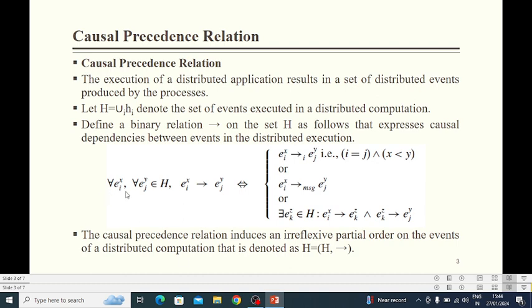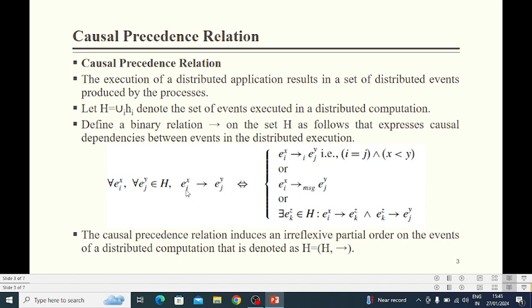For all events of process Pi and for all events of process Pj, all the events are included in the set H. So e_i^x represents the xth event of process Pi and e_j^y represents the yth event of process Pj.